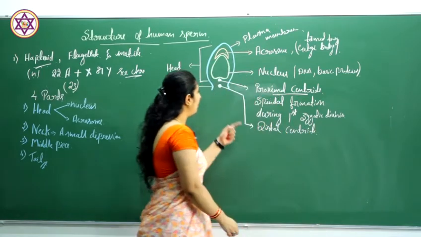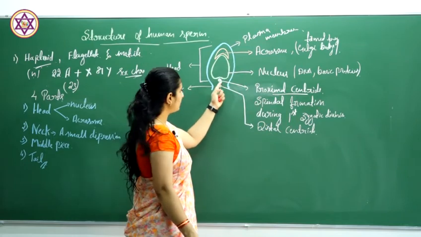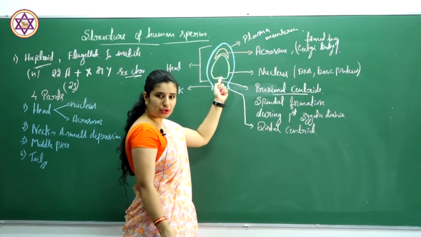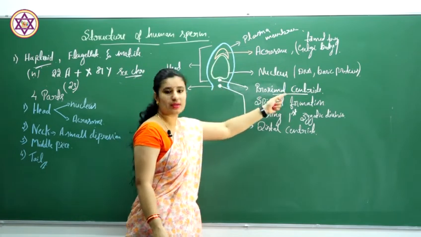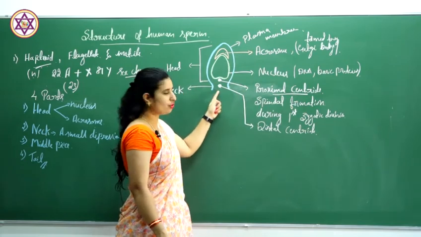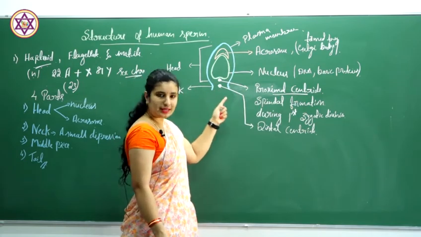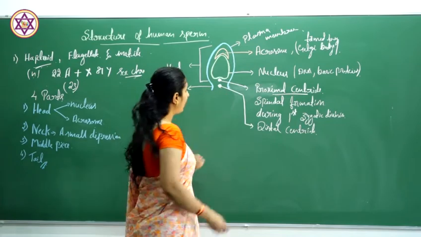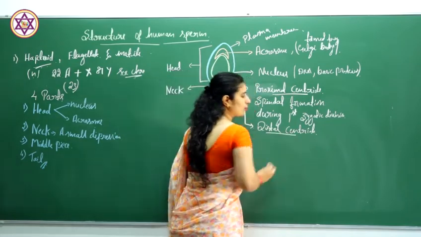So we have two centrioles: the first lies in the depression of the nucleus and is called the proximal centriole, followed by the second centriole present in the neck region, the distal centriole.